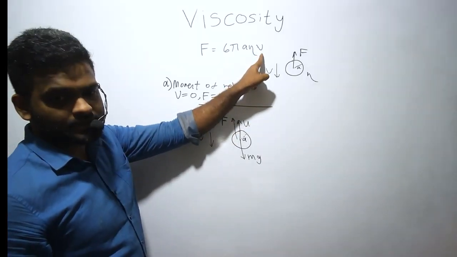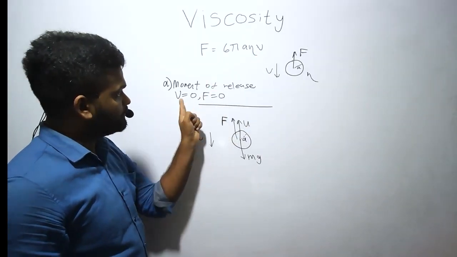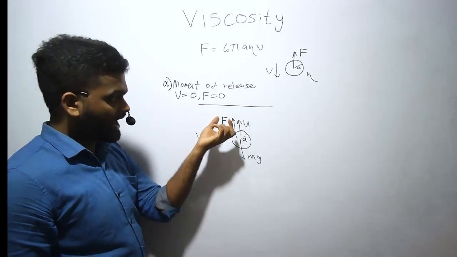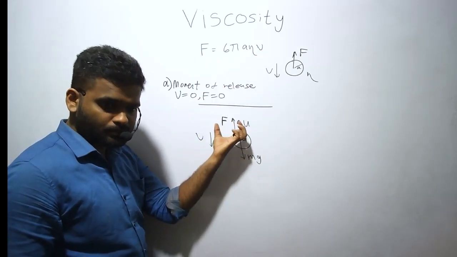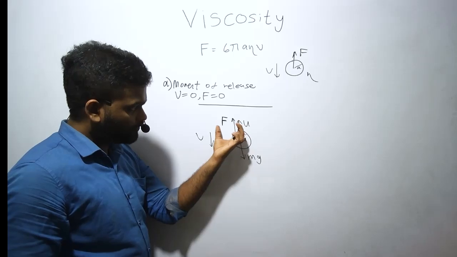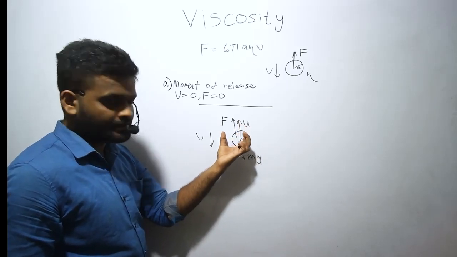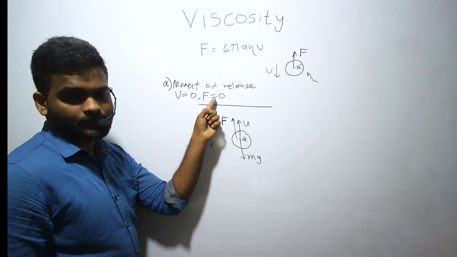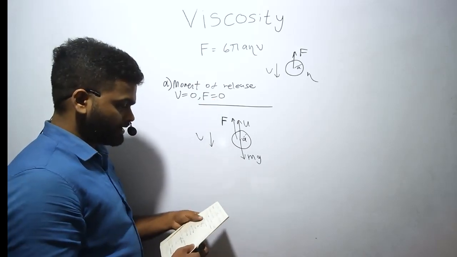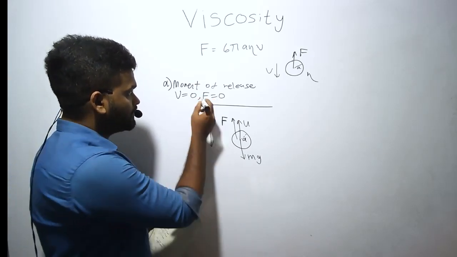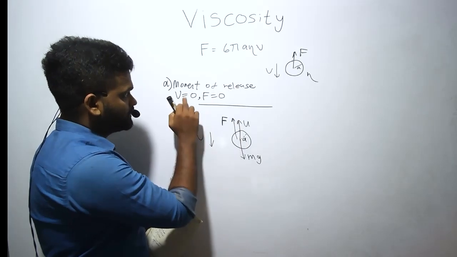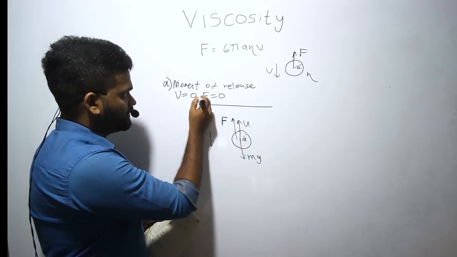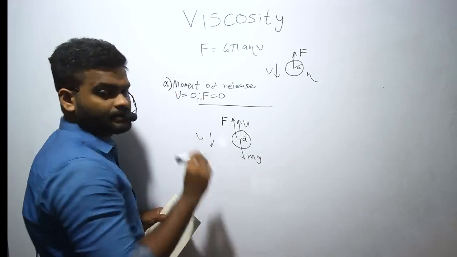See this term here? If V is 0, F is 0, right? So at the releasing moment, once you release that, the initial velocity is 0, and so is the viscous force. Just write this down: V equals 0, therefore F equals 0.